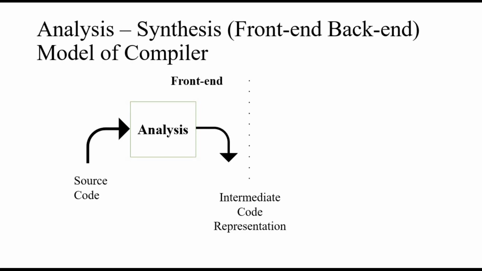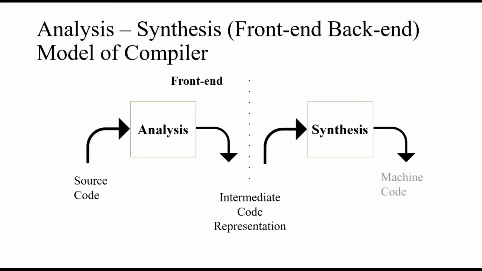This generated intermediate code representation is the input to the synthesis part, which generates the machine code, which is known as the back end of the compiler. So here you see the analysis and synthesis model of the compiler, or the front end and back end of the compiler.